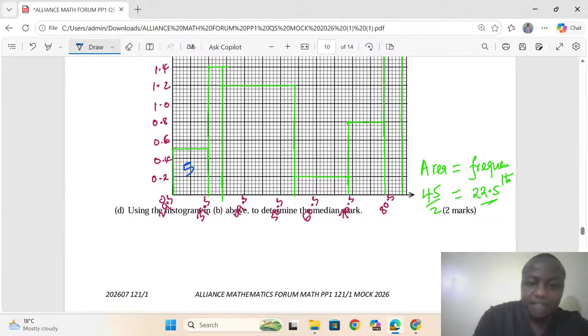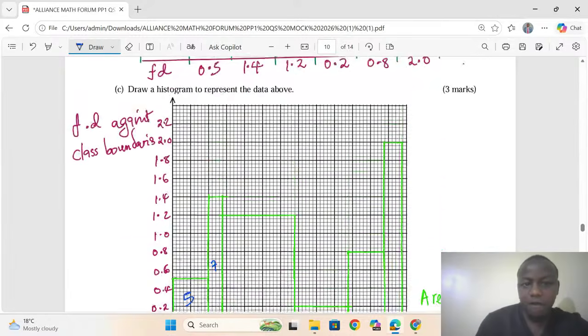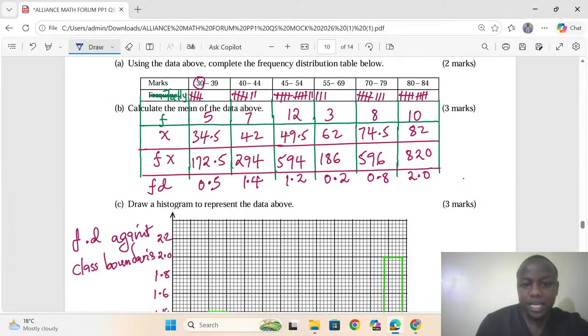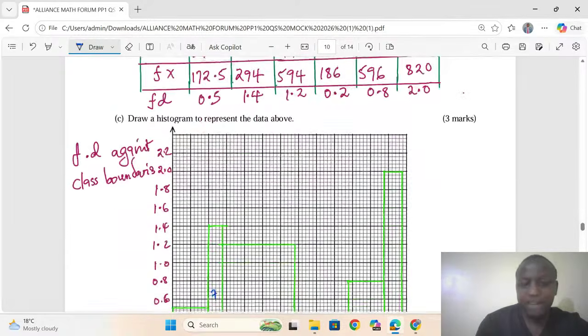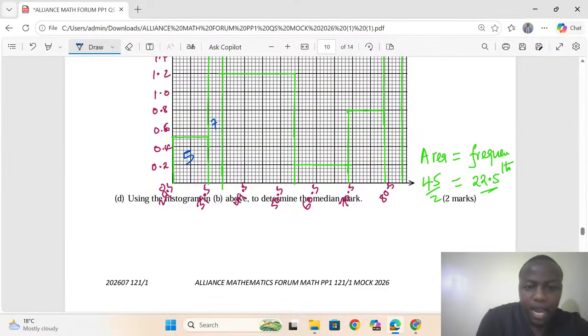The next is 1.4 times 5 again. So how much area is that? 5 people in the first class, plus 7, that is 12 students in the first 2 classes.